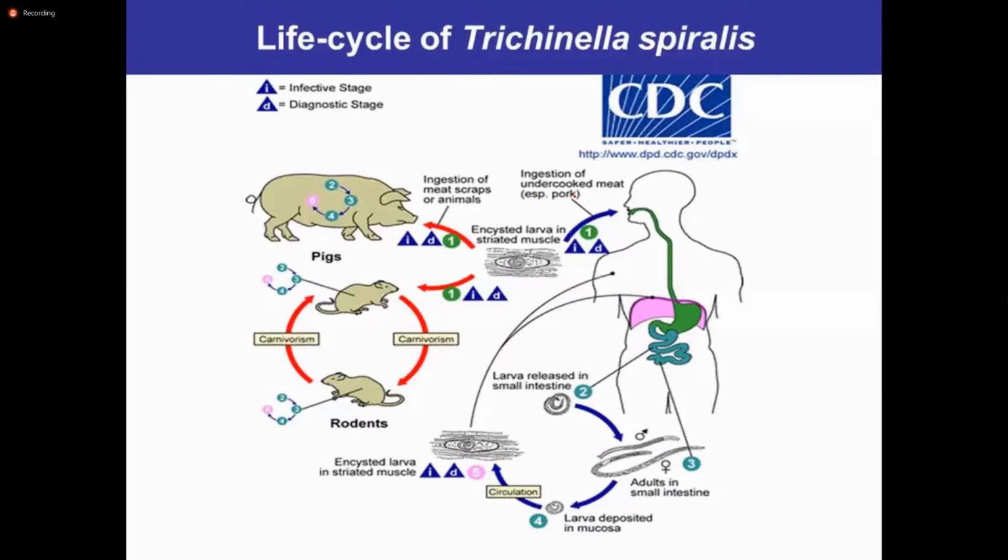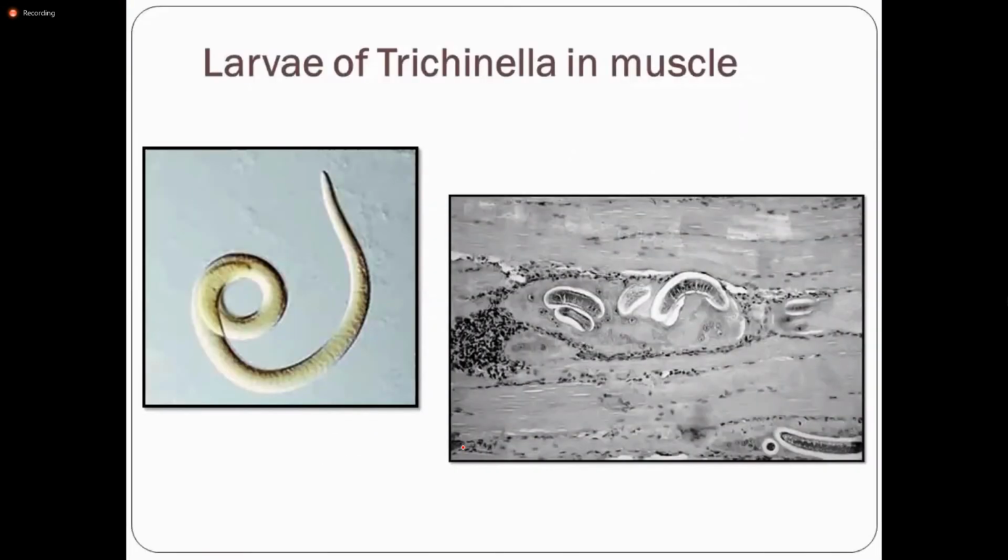With ingestion of undercooked meat, that is pork, larvae are released in the small intestine and develop into male and female, and then the gravid female releases eggs into the environment. Rodents take those up and they are eaten by the pig. So that's how it happens. In a histopathological sample of Trichinella, you will find the larvae in the tissues like this.